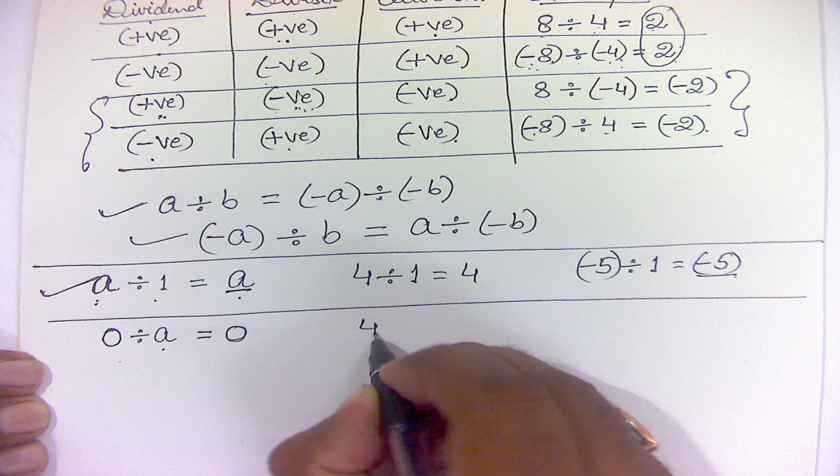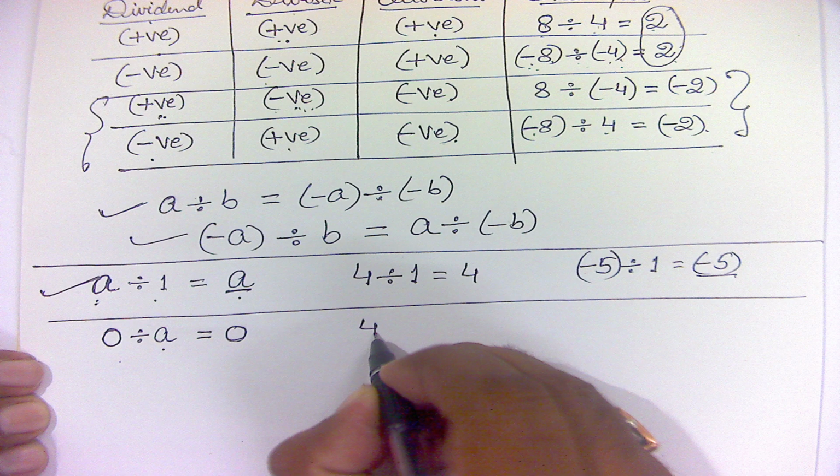Like 0 divided by 4 is 0, and even 0 divided by minus 5 is also 0. But keep in mind that this is only applicable as long as the number by which you are dividing is an integer other than 0. It should not be equal to 0.